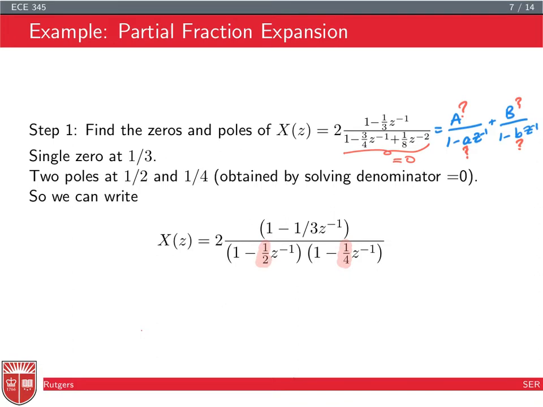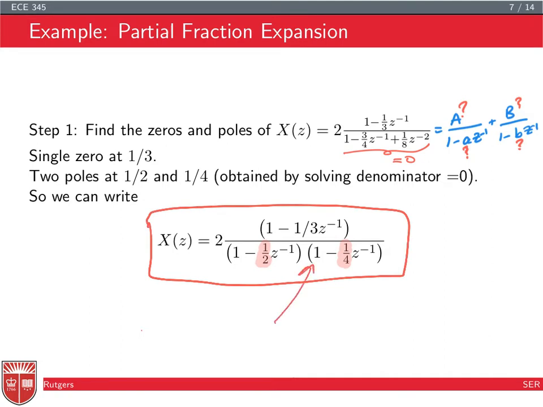So let me highlight this here. The first step is to put it in this form, meaning to factorize the denominator and the numerator. And why do I need to do this? Because once I find this form, I know the values of small a and small b.